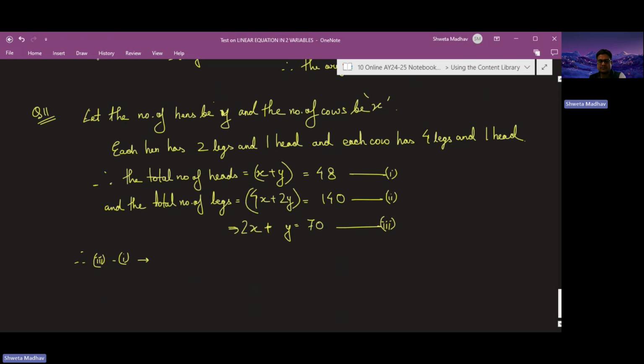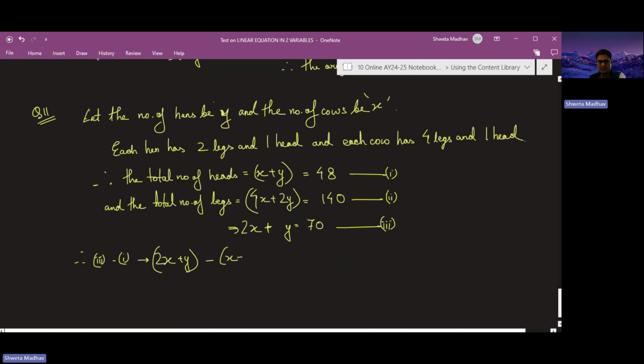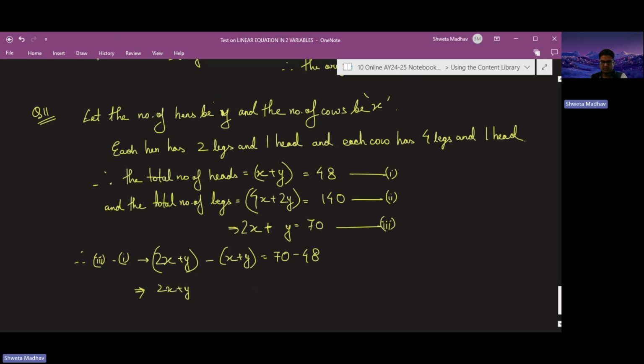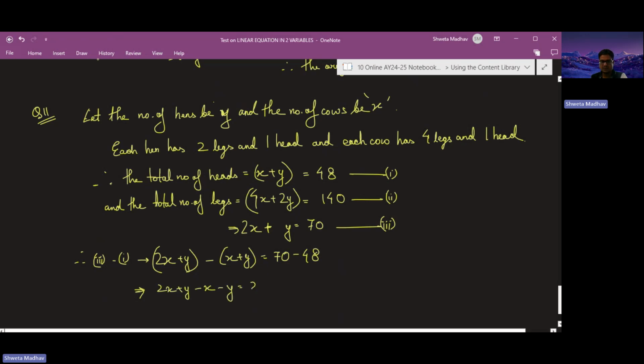Then we will get 2x plus y minus x minus y, that is equal to 70 minus 48, that is 22. Therefore y will get cancelled. So x is equal to 22. So it means the number of cows is 22.